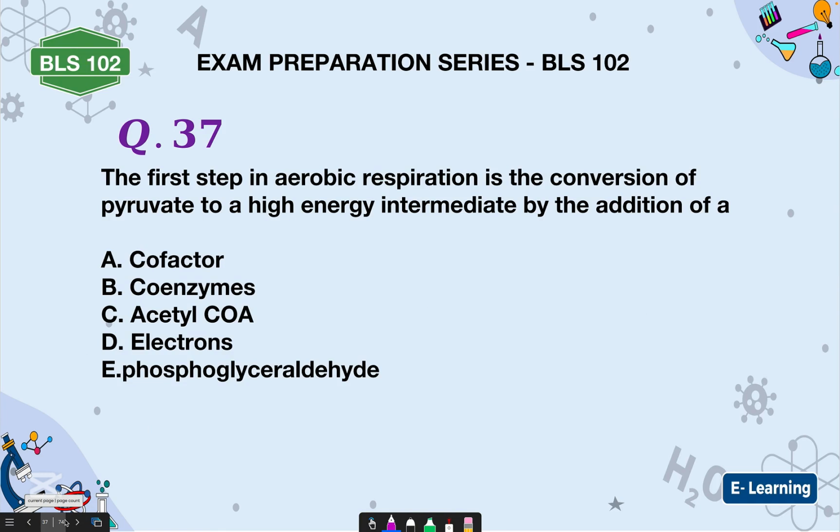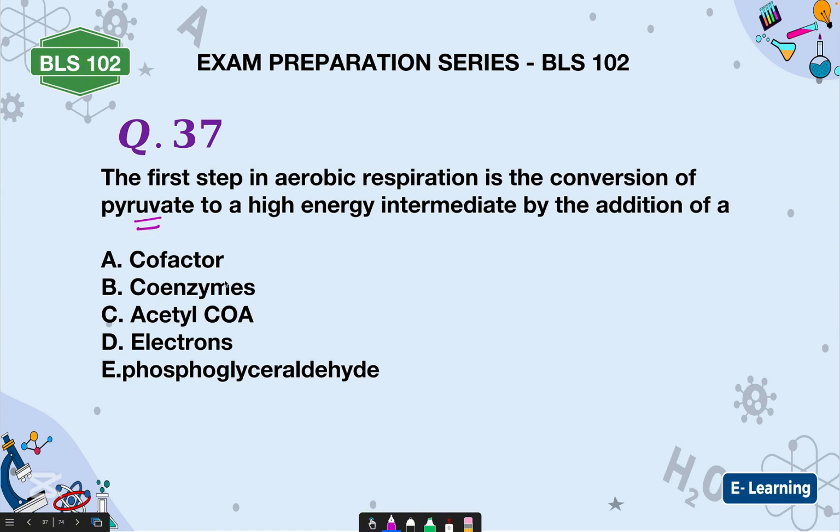The next one. The first step in aerobic respiration is the conversion of pyruvate to a high energy intermediate by the addition of, not acetyl-CoA, by the addition of coenzyme A, which converts pyruvate to what?